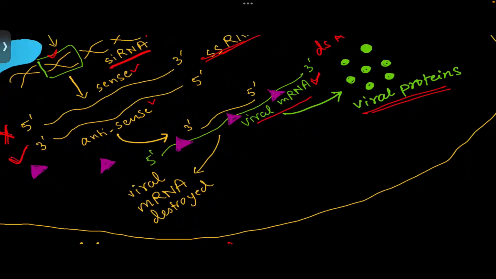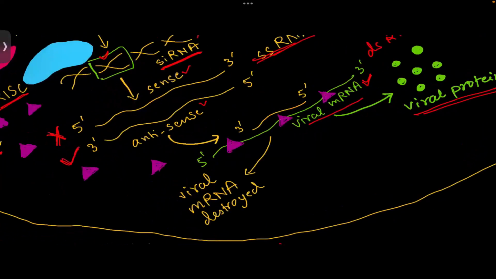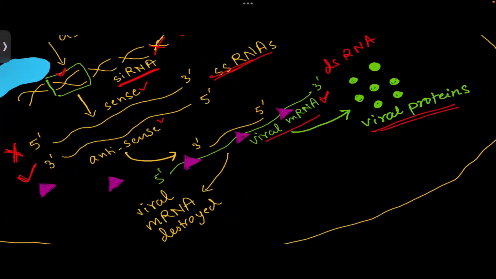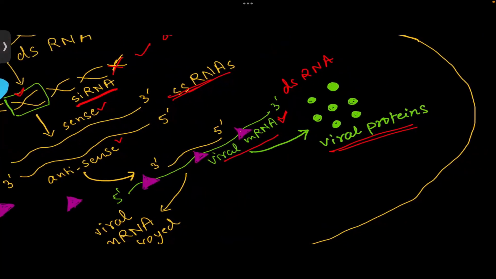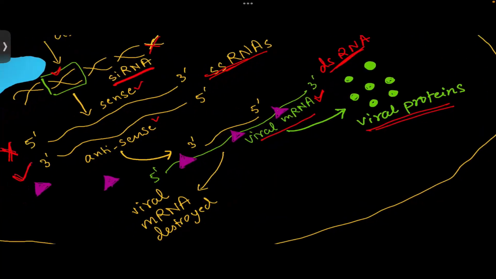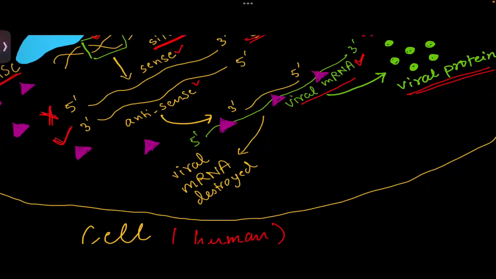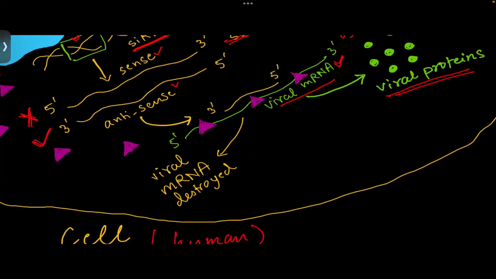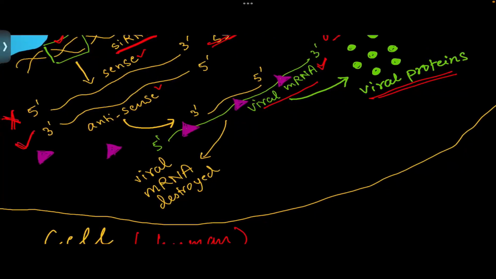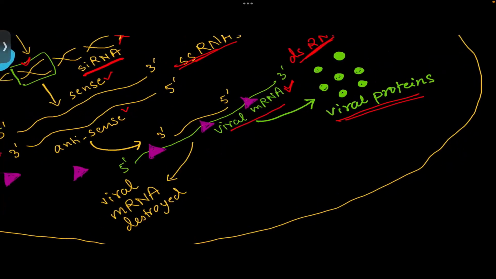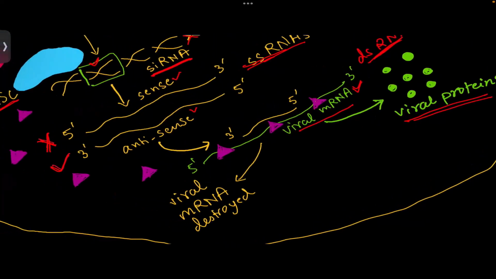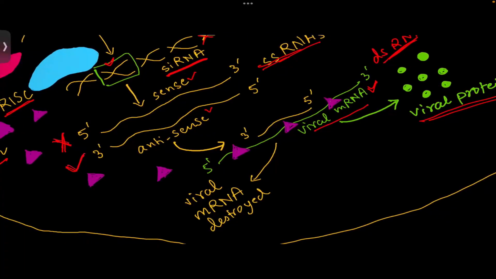Once the slicer enzyme binds, it will fragment this double-stranded RNA molecule, because of which the viral mRNA can no longer undergo translation and can no longer produce the viral proteins. So basically, however many viral mRNA molecules there may be, they are all destroyed.